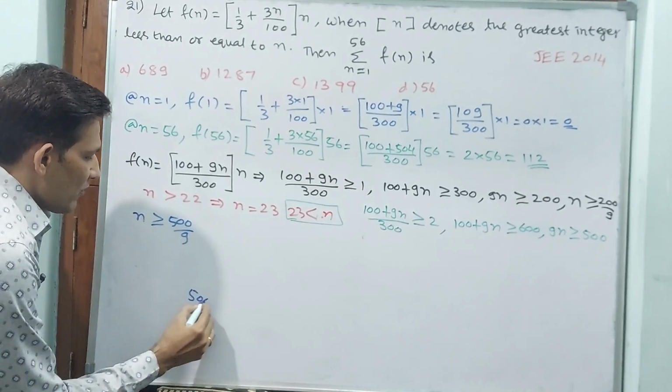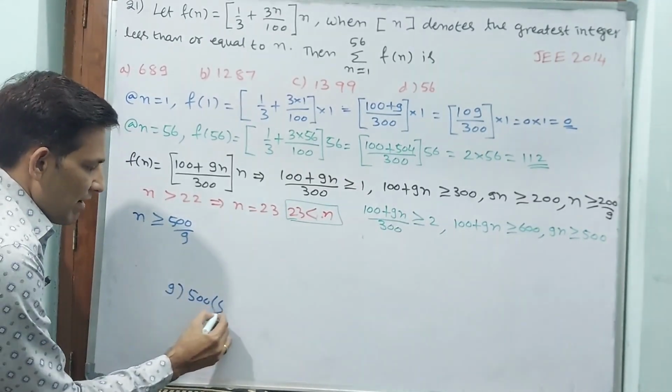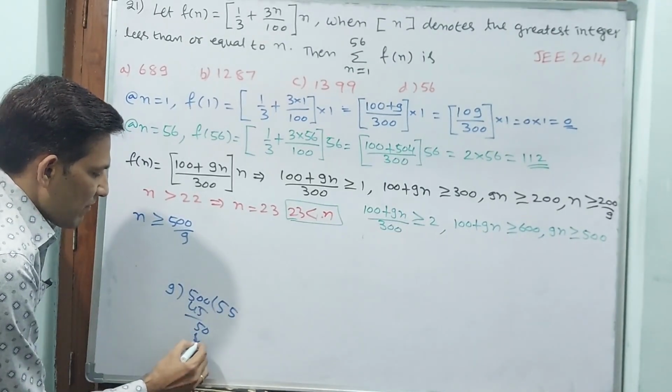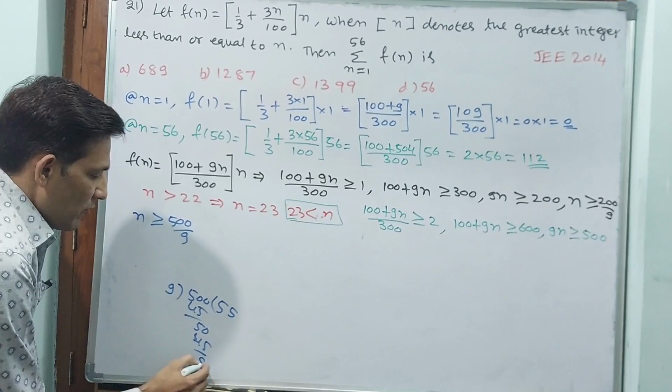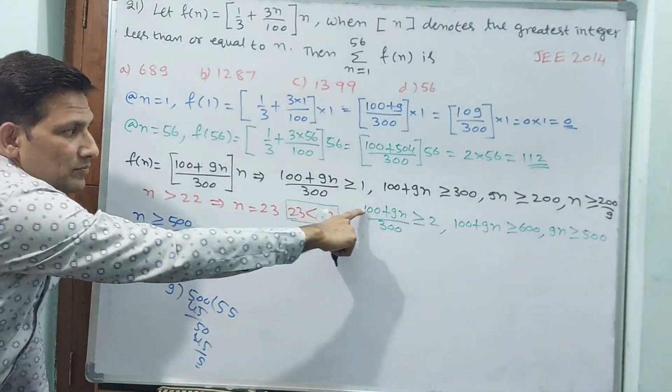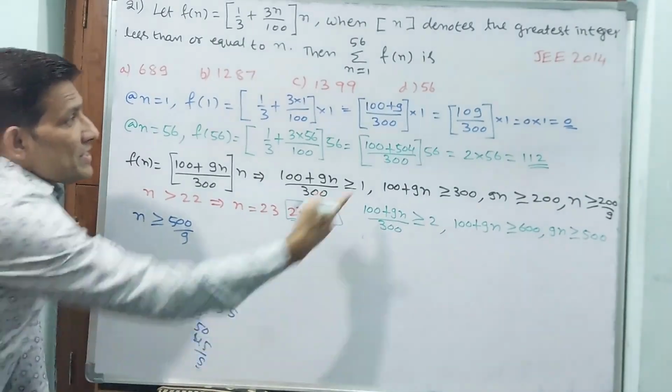If you divide 500 by 9, 9 5s are 45, 50, again 9 5s are 45, 5 will come. That means if you give 55, you will get only 1. If you give 56, then 2 is coming.